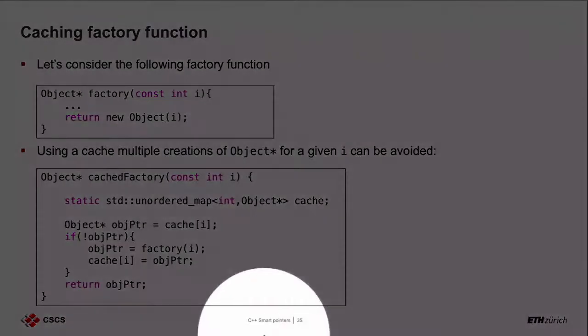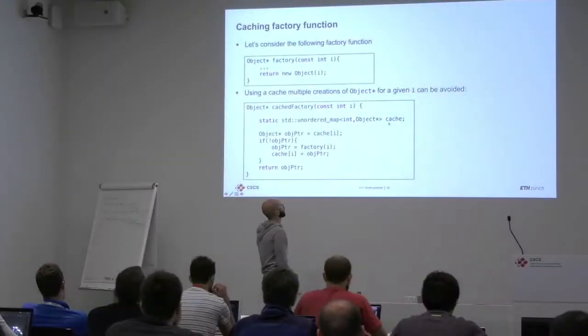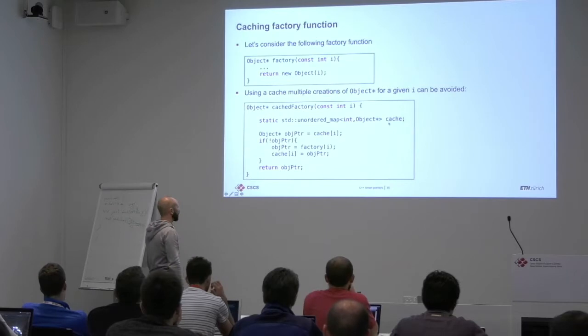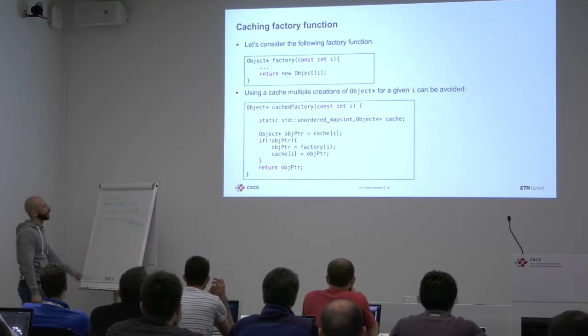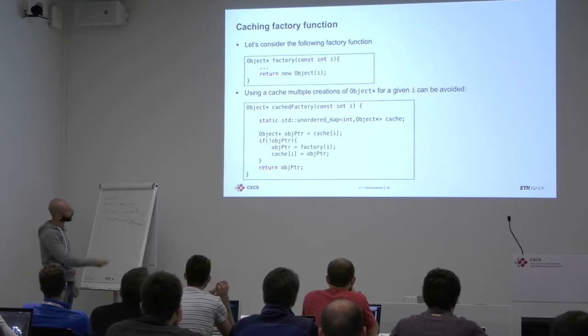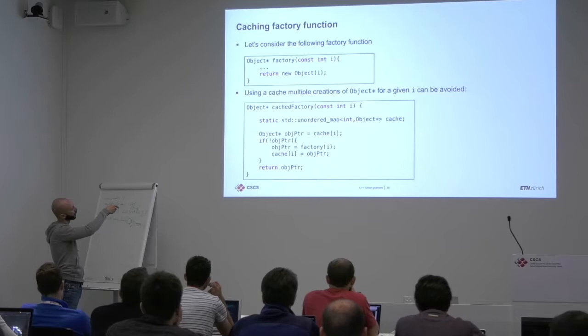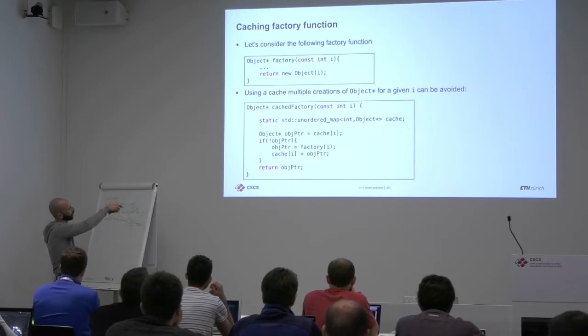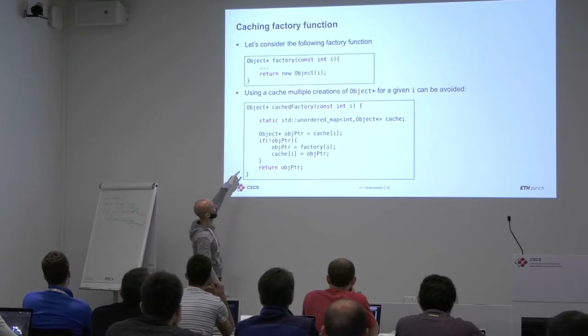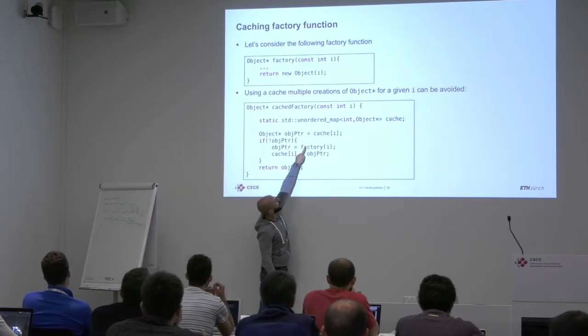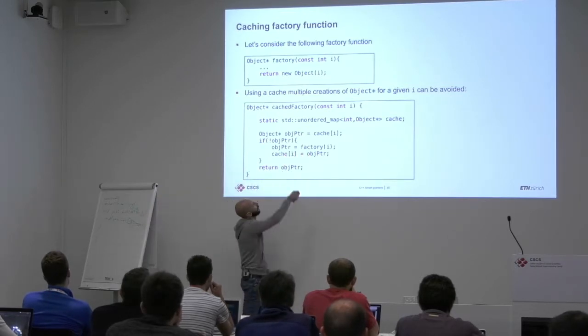That is this cache variable here, which is an unordered map, where the key is the input of the function itself, and the value is the pointer to the created object type. Every time that you try to create a new object for a given input parameter set, the first thing that is done here is an access to the map with this line.